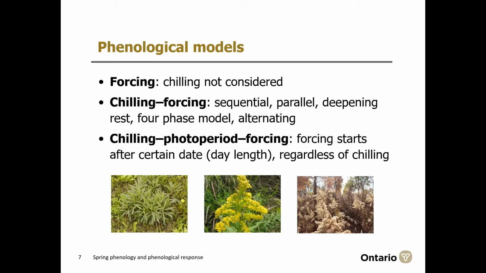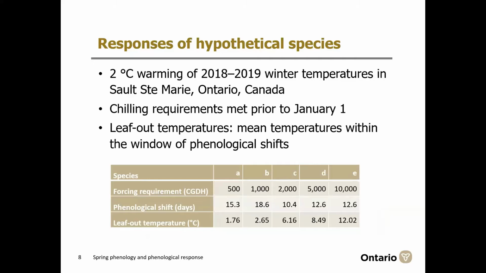Next, we'll use these models to look at how plants respond in spring phenology to different types of climate warming. First, let's look at hypothetical species and their responses to a 2-degree uniform increase of 2018 and 2019 temperatures in Sault Ste.